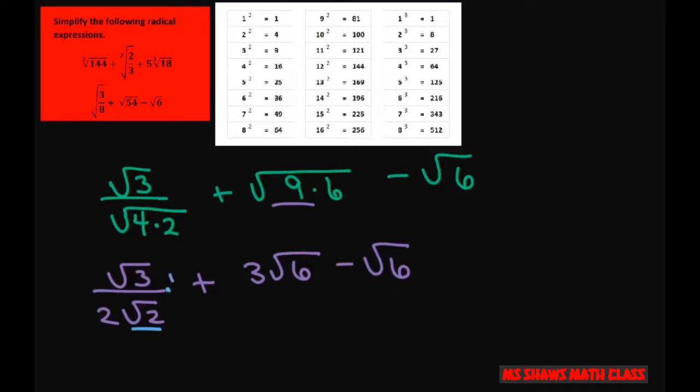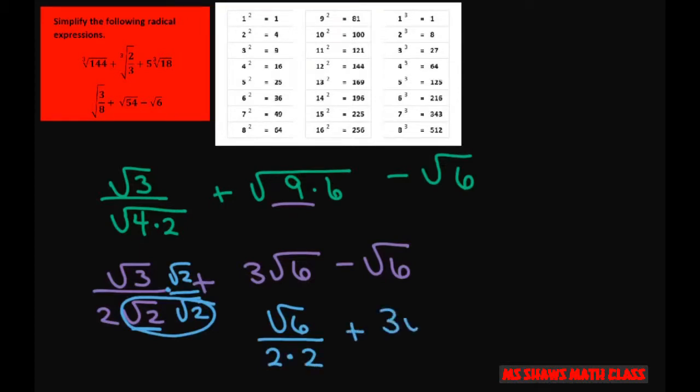So I'm going to multiply the numerator and the denominator by square root of 2. So what that gives us for this first part is square root of 6. And then you multiply these two, you get 2, so that's 2 times 2. Plus 3 square root of 6 minus square root of 6.